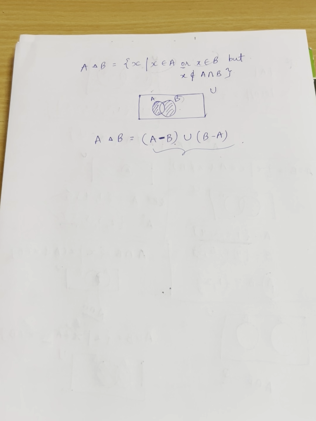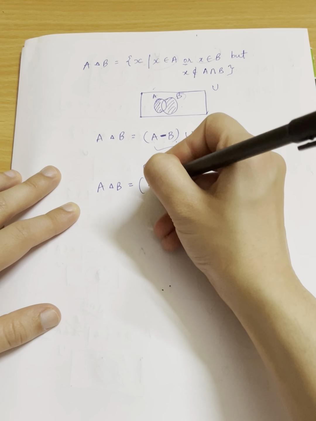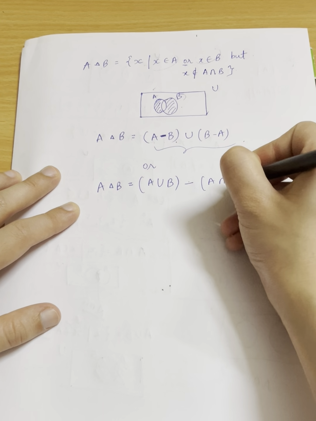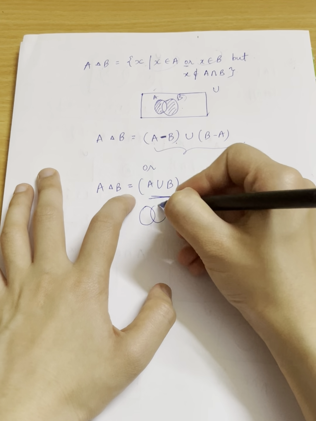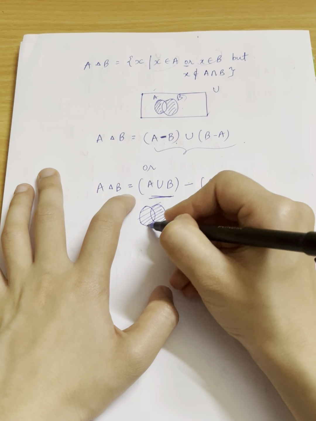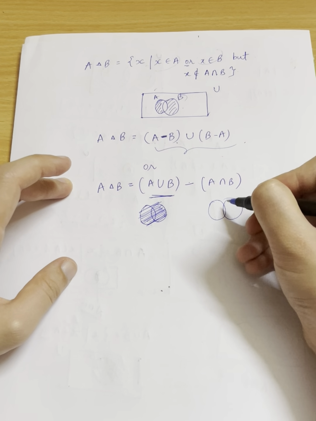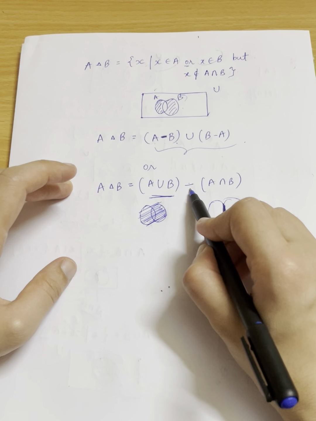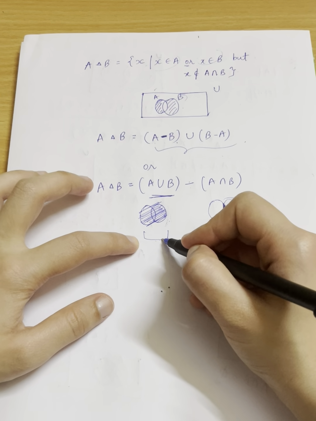Or we can also write it in the form of union and intersection. How? A union B set difference A intersection B. What does it mean? A union B means the whole part, and A intersection B means the middle part. What does set difference mean? Take those elements from this which are not present in the other.